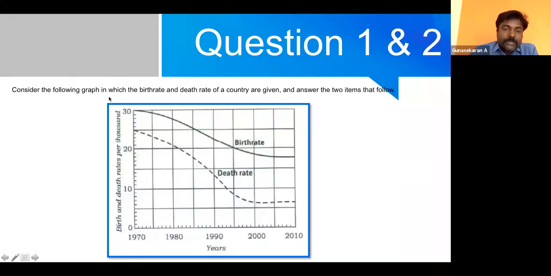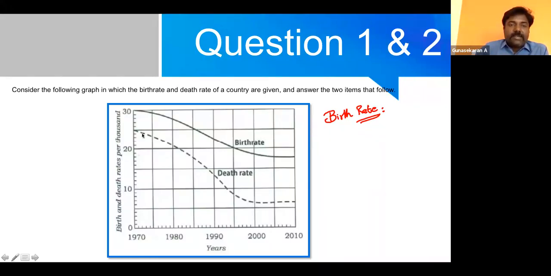Okay, birth rate means what? For every 100, how many are actually increasing? That's what birth rate is. Similarly for death rate. So birth and death rate per 1,000.